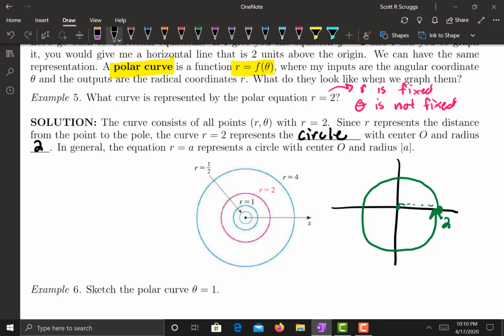And so in general, if I have an equation r equals some fixed number a, that polar curve is going to represent a circle with the center being the pole or the origin, and the radius being the absolute value of that number a. That's to account for, say, if I have negative 2, for example. Same thing. That's why, if you heard in the video, I said radius, a slip of my tongue. That's because I can think of r as the radius of a curve that I start to form.